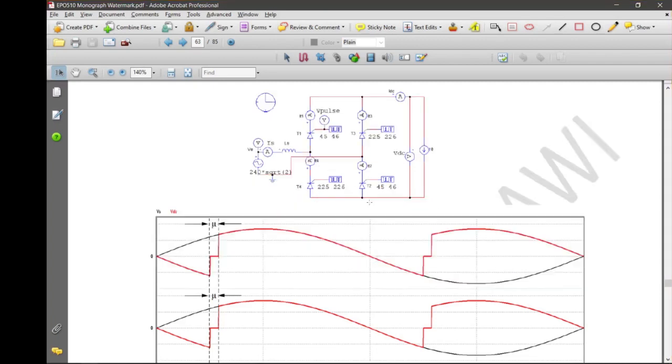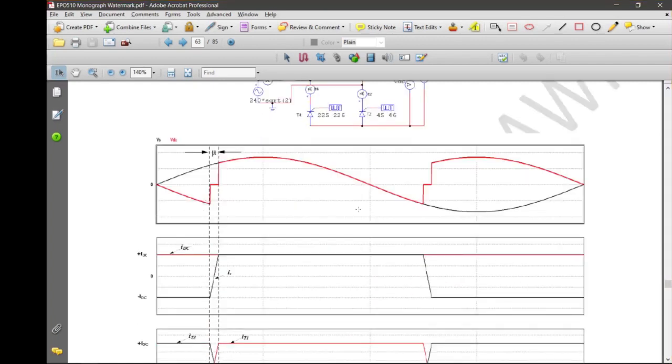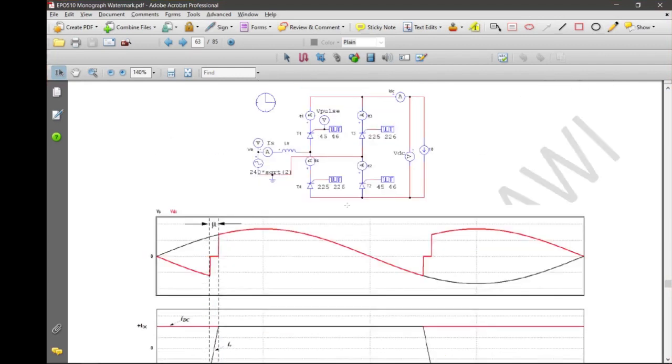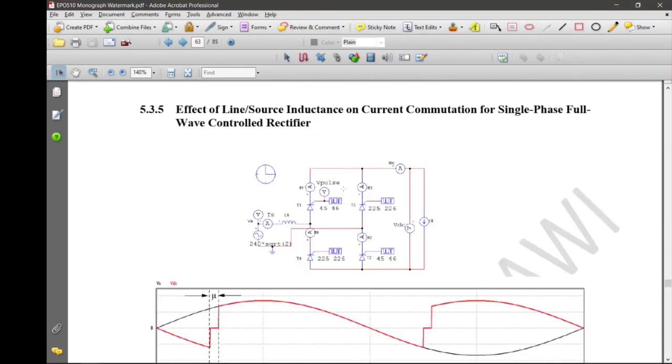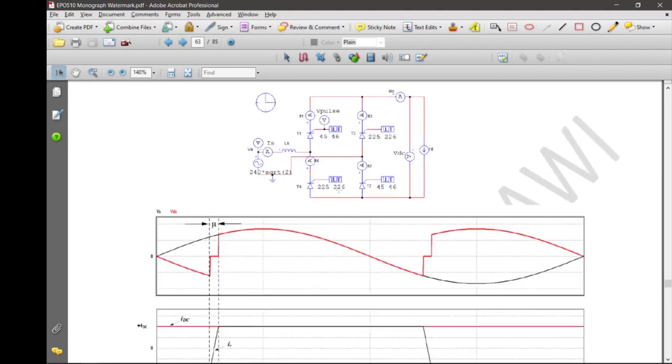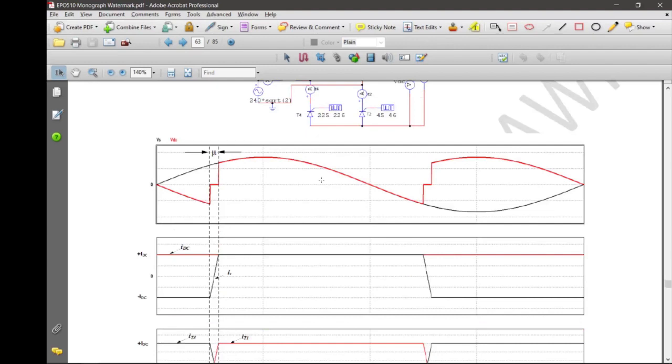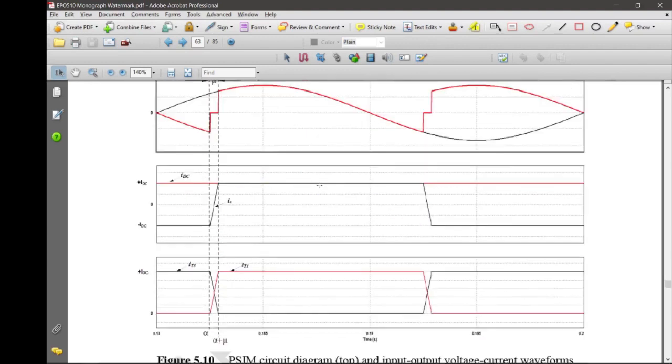If you understand the uncontrolled version of the single phase full wave rectifier, you just extend it when you delay the turning on of your thyristor. If the diode conducts right at the beginning, for the controlled rectifier you just shift to alpha here.